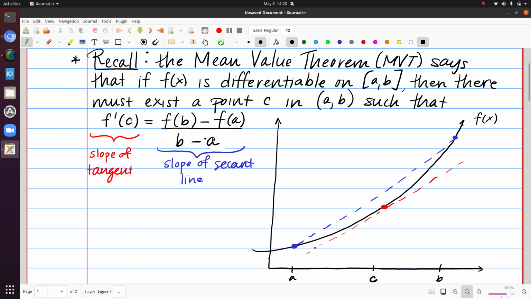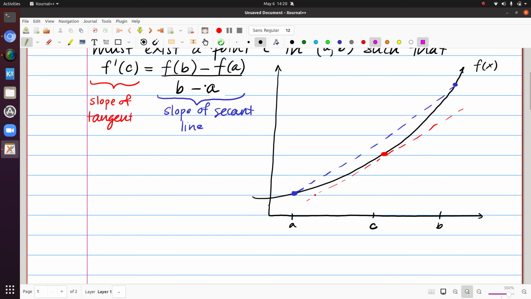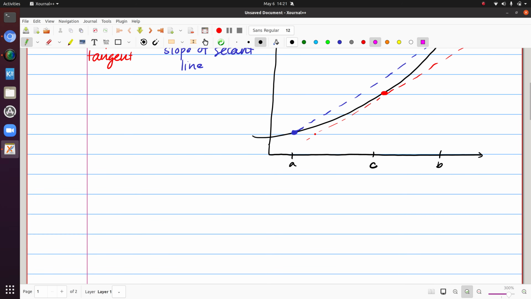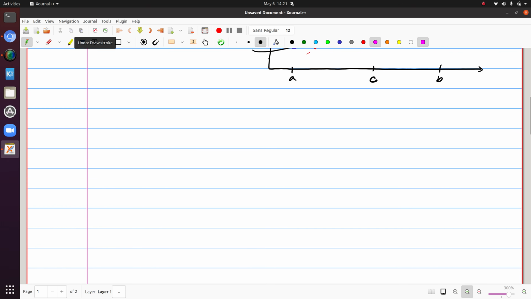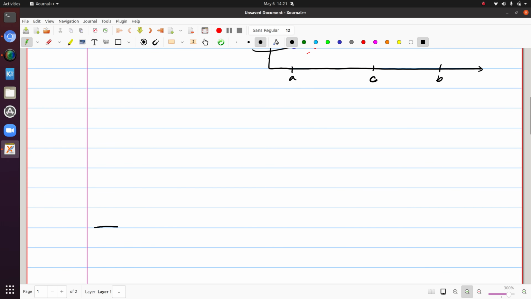The other thing that's really important that I want to focus on throughout this course is that when we have conditions in a theorem, we should really see why they're important. A nice example of a function that's not differentiable, where you can see that this property does not hold, is the absolute value of x.